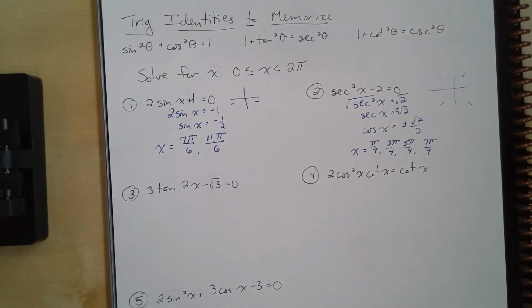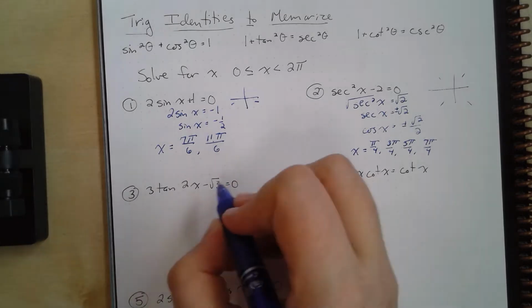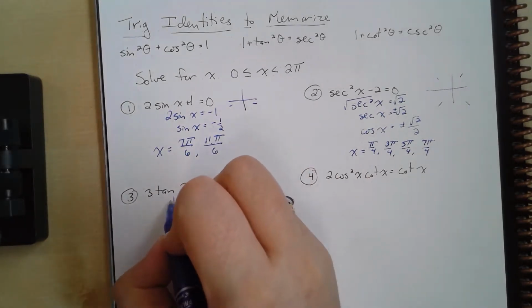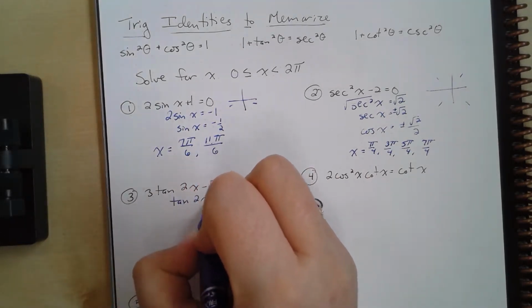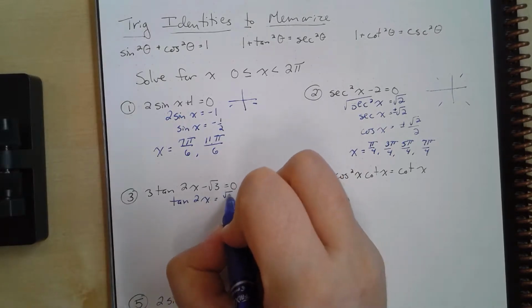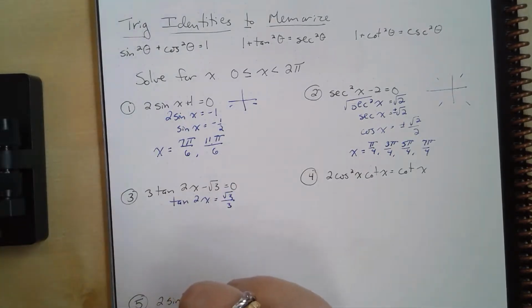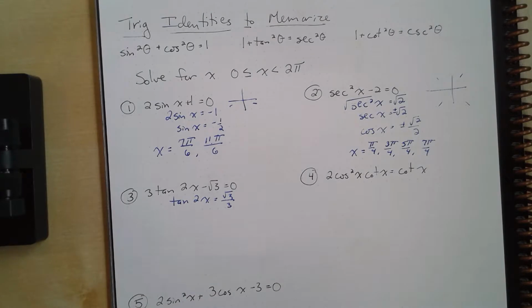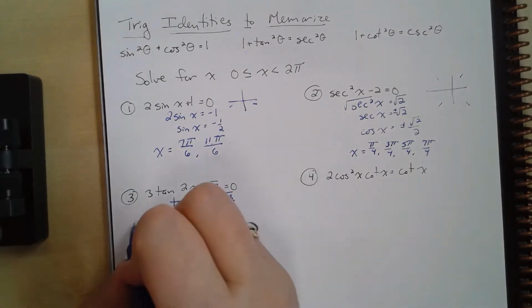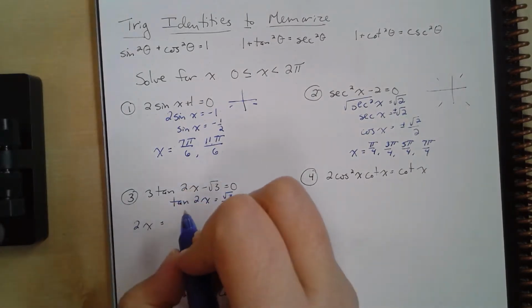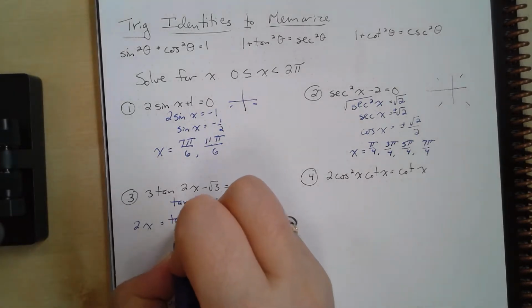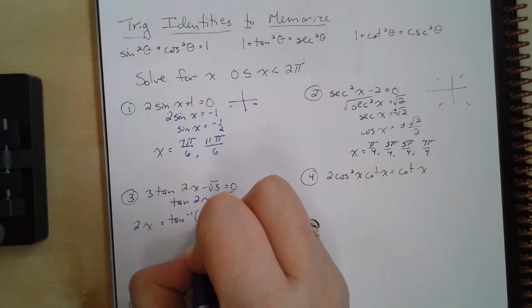We have 3 tangent of 2x minus radical 3 is equal to 0. Well, I'm going to do 2 steps at once here, basically just to save space. But tangent of 2x is equal to radical 3 over 3. That makes sense there. But now we have that 2x is equal to tangent inverse of radical 3 over 3.